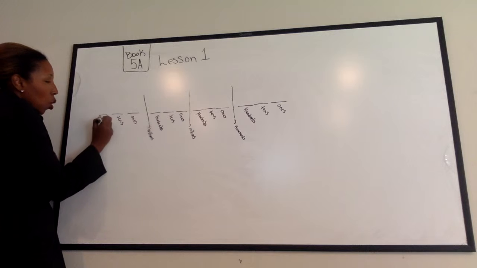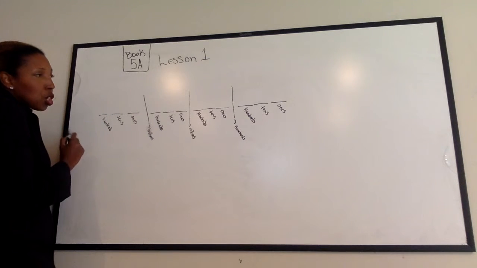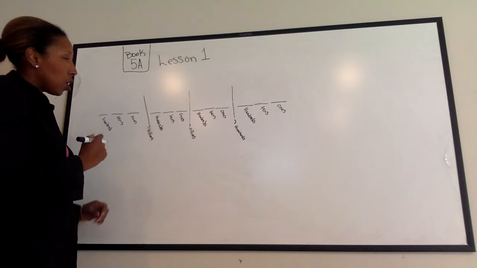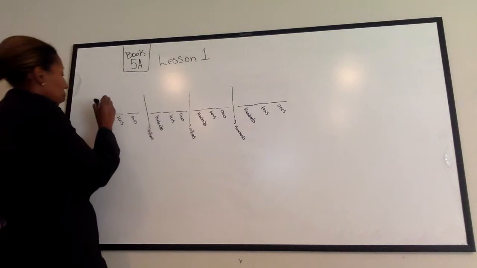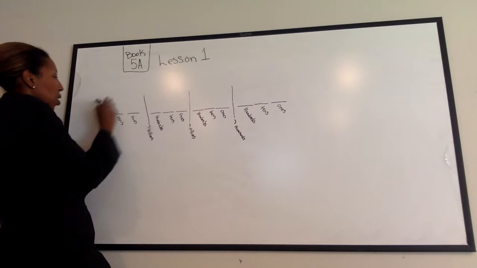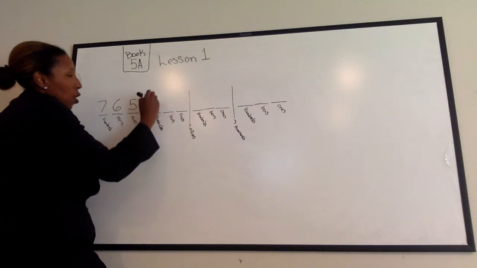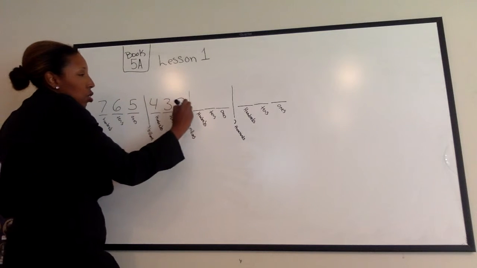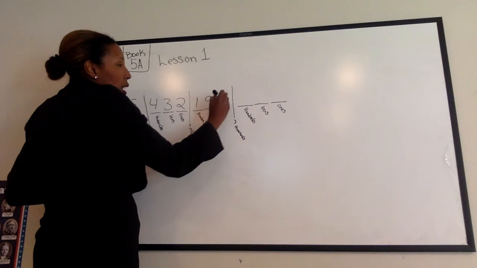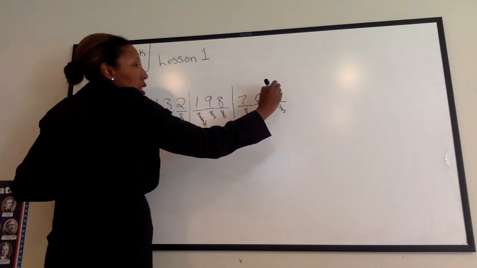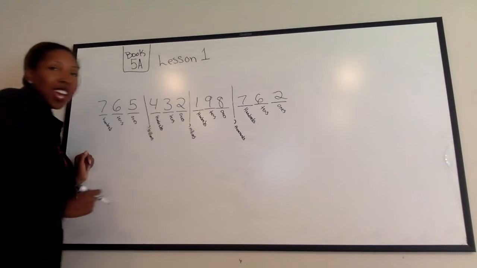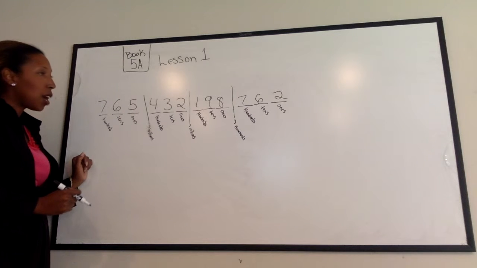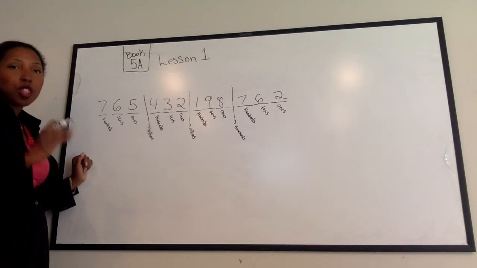Now, when you actually read any of the numbers, all you do is cover. So if I have, let's say, 7, 6, 5, 4, 3, 2, 1, 9, 8, 7, 6, 2. If I have that number, it looks kind of scary, but all you do is you look at the 3 numbers.